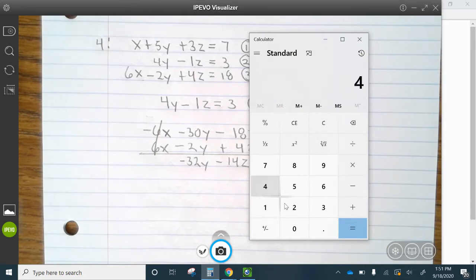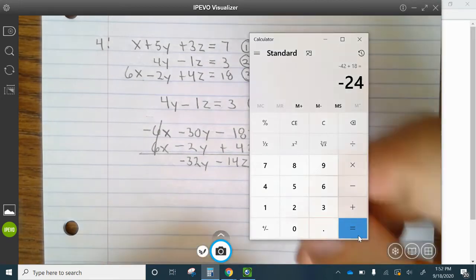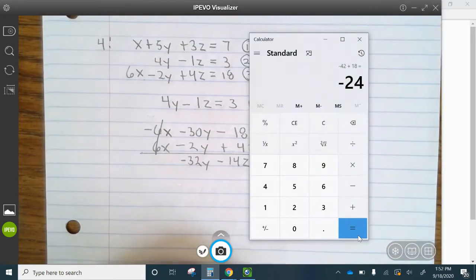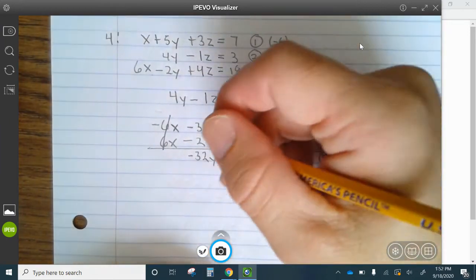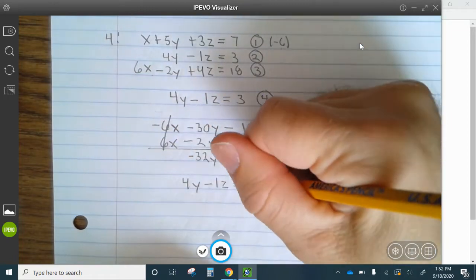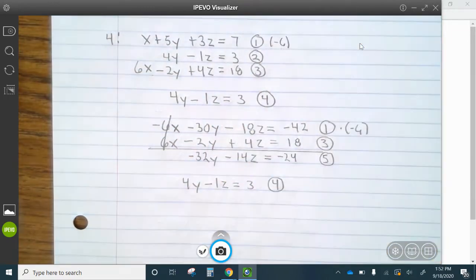So let's put 4 and 5 together, so 4y minus 1z equals 3, that's equation 4. Then negative 32y minus 14z equals negative 24, that's equation 5.